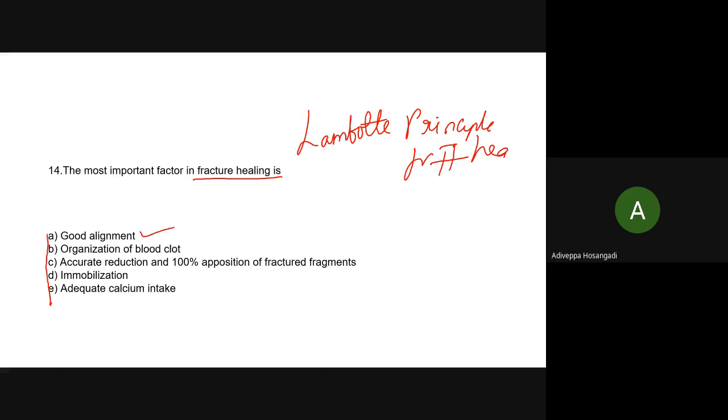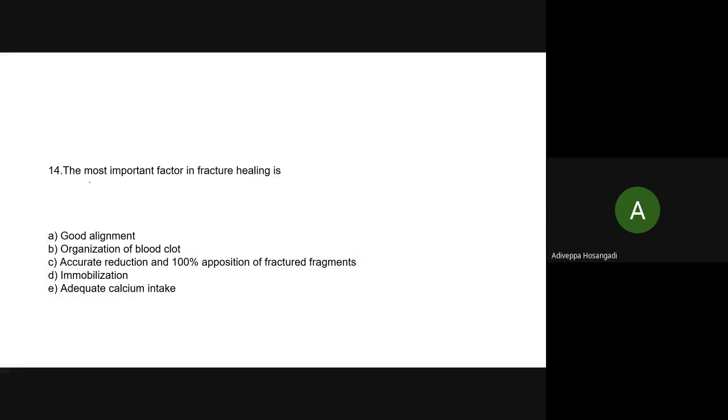See, good alignment, organization of blood clot, as I said, closed fracture heals better or earlier than open fracture because of organization, and accurate reduction and 100% opposition of the fractured fragment, immobilization, adequate calcium intake. Read the question very carefully. All these factors are essential for fracture healing.